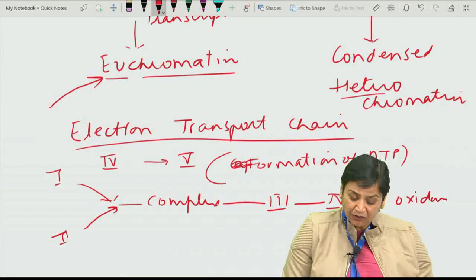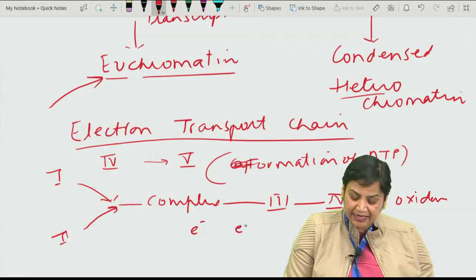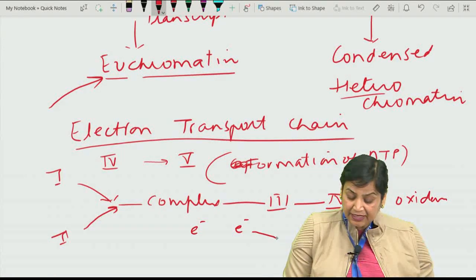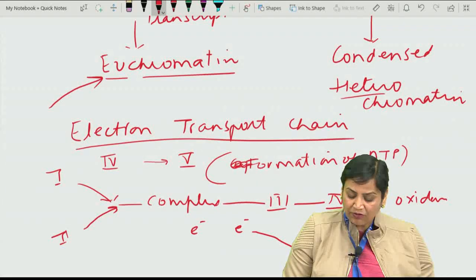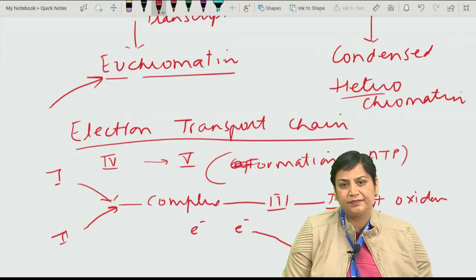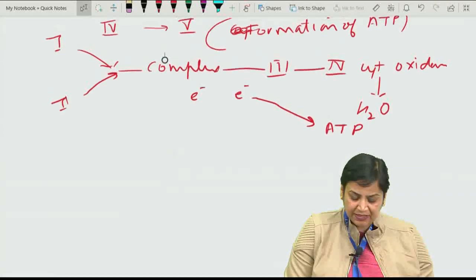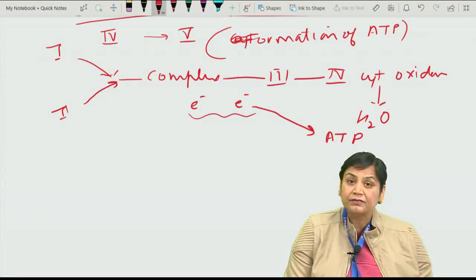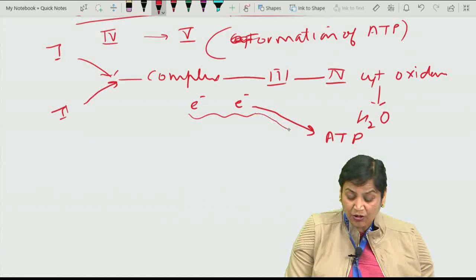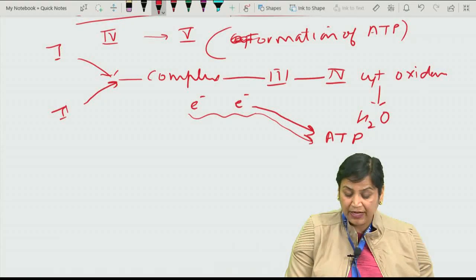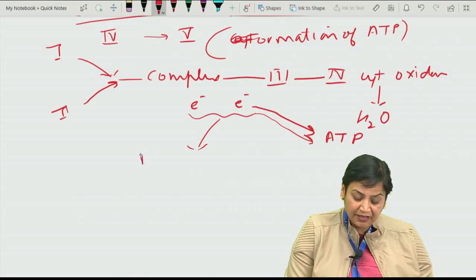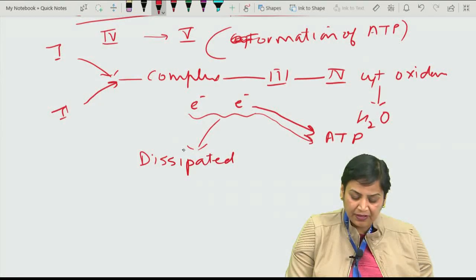Whatever energy is released at every step is utilized in the synthesis of ATP. But if we compare brown fat, this energy is not used to form ATP, instead it is dissipated in the form of heat.